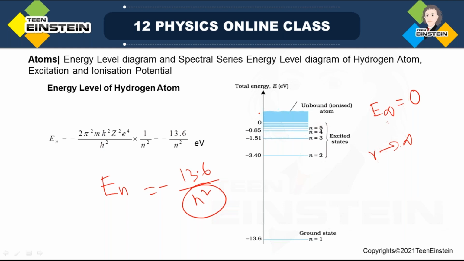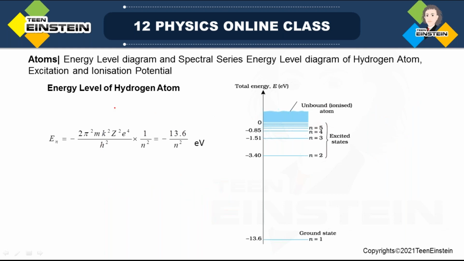So this is the hydrogen energy levels. Now this particular diagram is very easy to understand, and once we understand it, it will be very easy for us to know the spectral series, and transitions, etc.